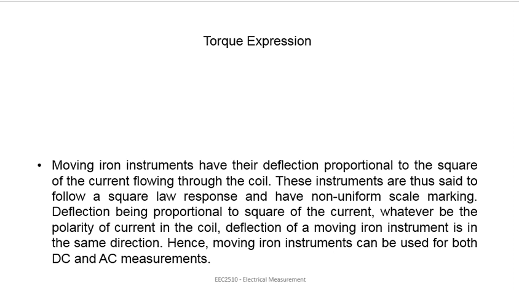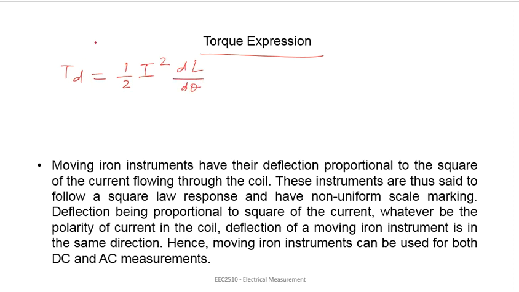Now come to the torque expression of these moving iron type instruments. If Td represents the deflecting torque, then we can write the expression for deflecting torque for moving iron type instruments to be half I square dL over d theta.